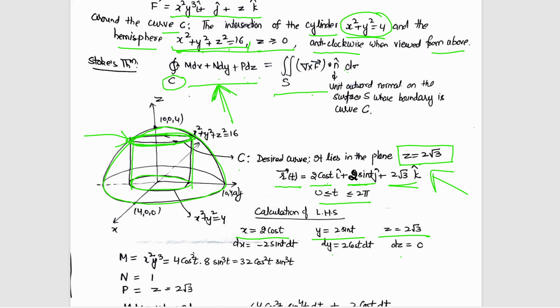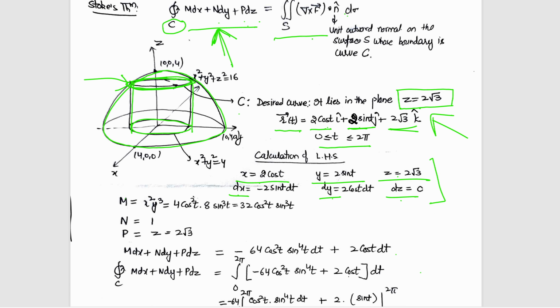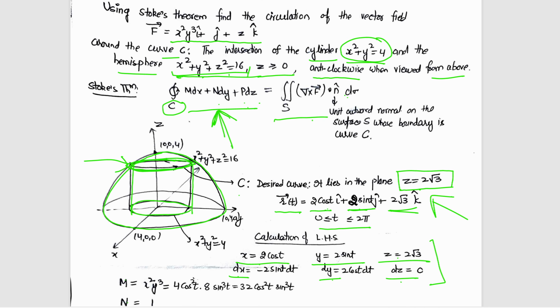We find derivatives of x, y, z with respect to t and we get dx, dy, dz. Now we substitute these values in M and P. What are M and P? These are the components of the given vector field F.